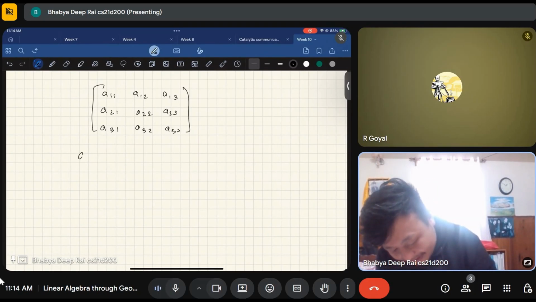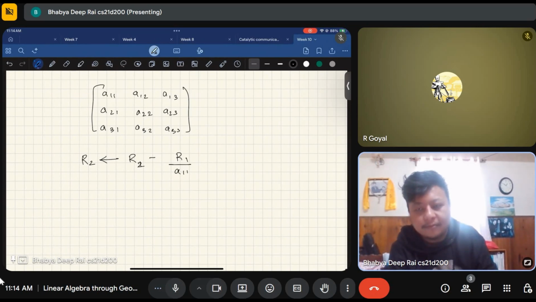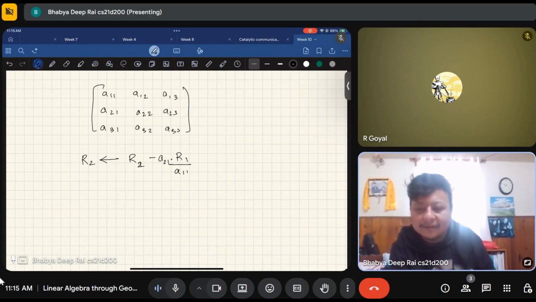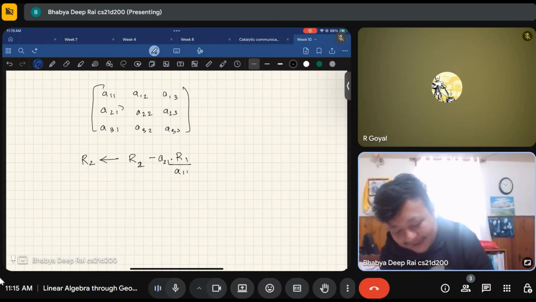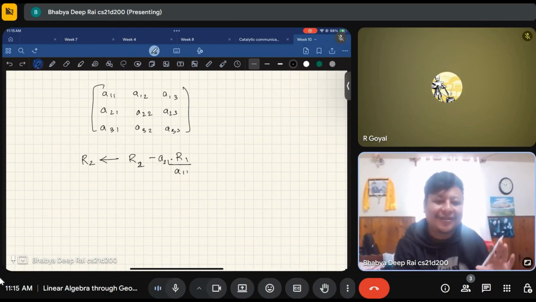All it needs to do is, in R2, do R2 minus A21 times R1 by A11, and that will automatically make the zero. So it will just do the sequence of operations.